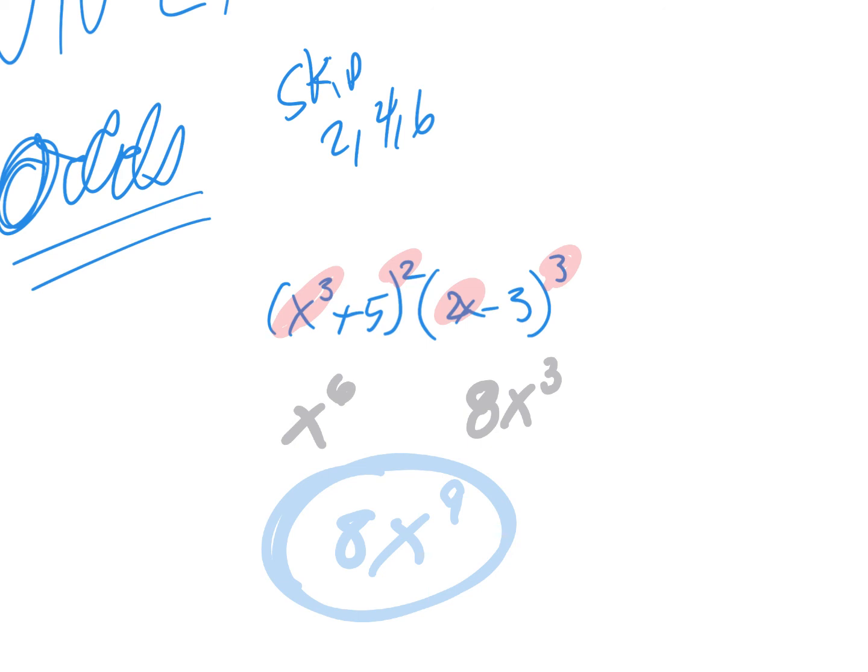That's my lead term. Now I just have to figure out the degree, leading coefficient, and behavior. All this stuff's easy now. Because this is positive, it's up on the right. Because this is odd, it's down on the left. And so, yeah. The hard part is getting the 8x to the 9th.